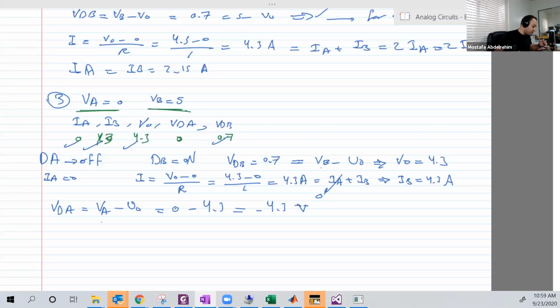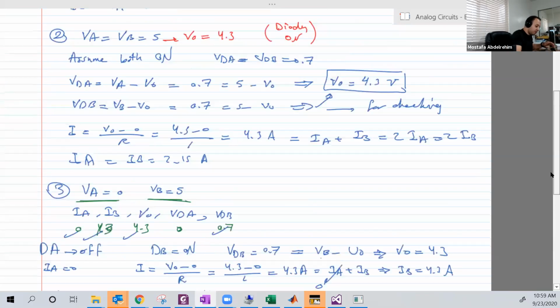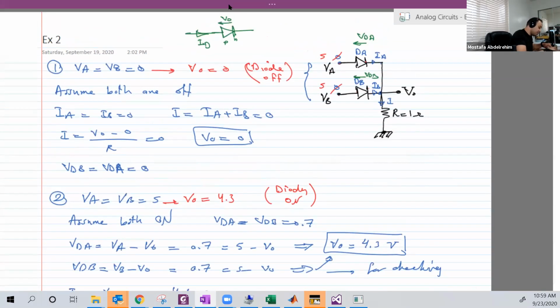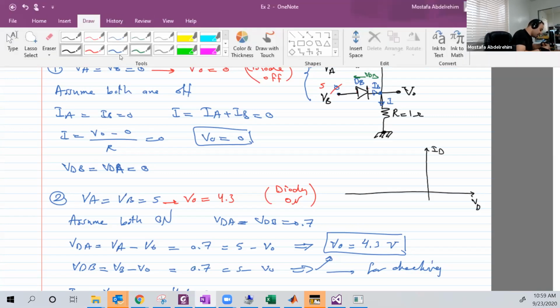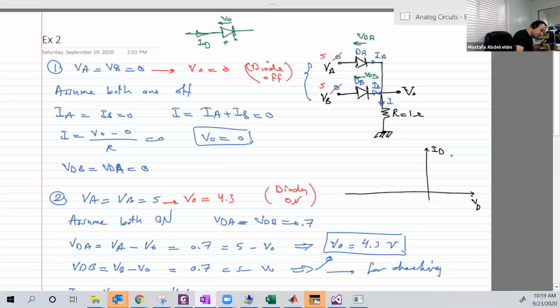So what is the problem now with your solution with VDA? What have you done wrong with that? Why did you get it as 0? I just assumed that nothing was passing over it because the diode was off. Yes, it's off. Then let's draw the characteristic to know what's really happening when a diode is off. This is our VD in general, and ID with the constant voltage model.